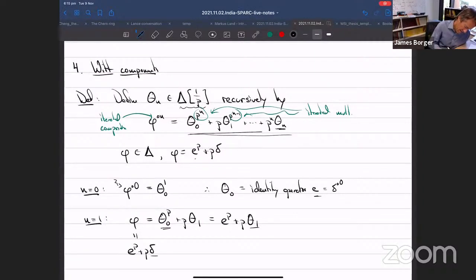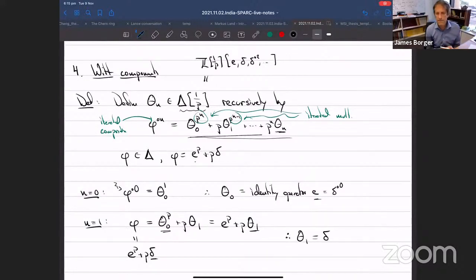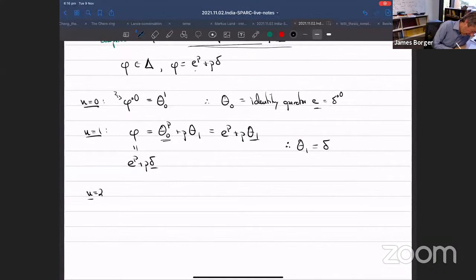Just to be clear, this is just a polynomial algebra in infinitely many variables over Z adjoin 1 over p. So you can just cancel the p's, and therefore we get that this operator theta 1 is just the usual p derivative operator. So there's nothing new there. But starting at n equals 2, everything changes.